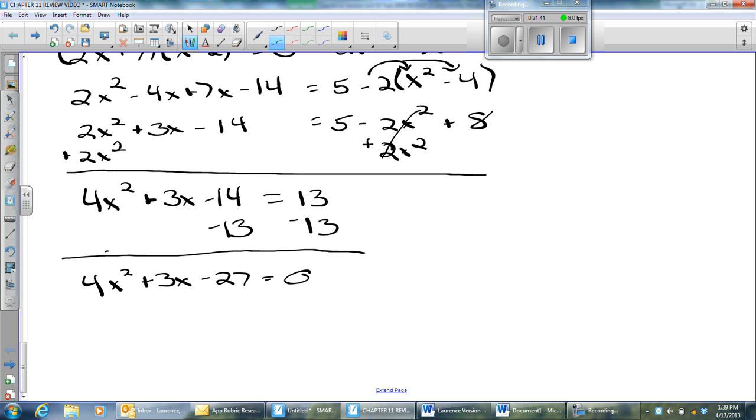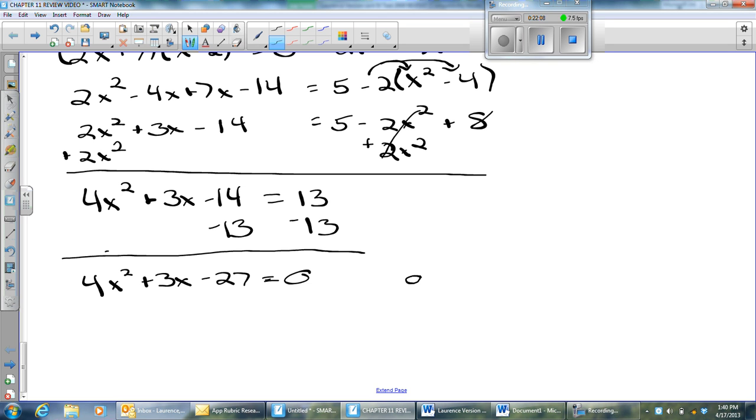But you shouldn't. This should be simple stuff right now because we have a quadratic equation equal to 0. So what can we do? We could factor or we could use the quadratic formula. This one, off the top of my head, I don't know how to factor it or even if it does factor. So we're going to use the quadratic formula.